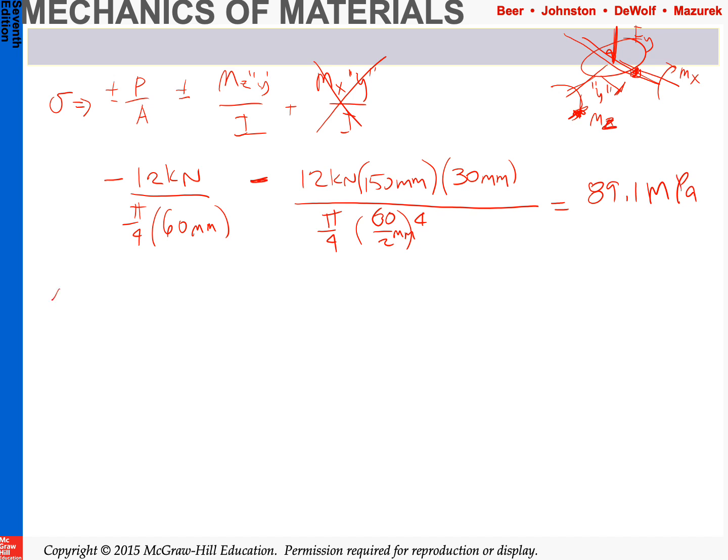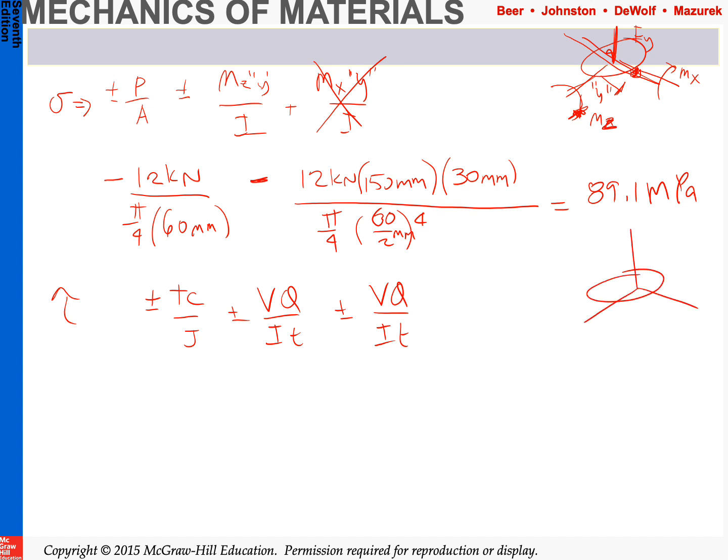For the shear stress, we have again three parts. We have plus or minus Tc over J, plus or minus Vq over It in two potential cases. So again, let's draw. We have a force here, we have our moment about Y, we have a force Z, and excuse me, we don't have any force in the X direction.